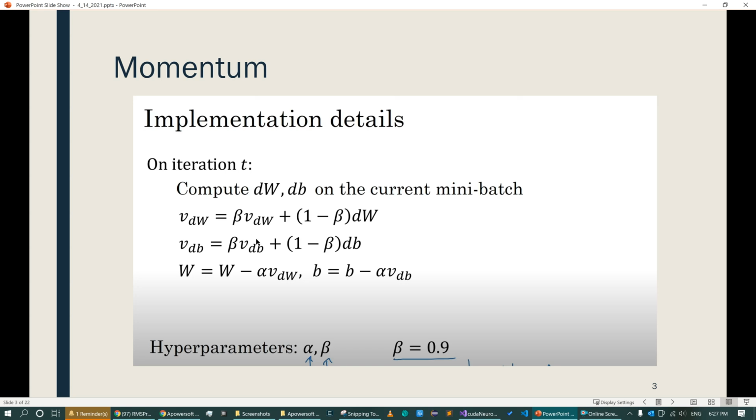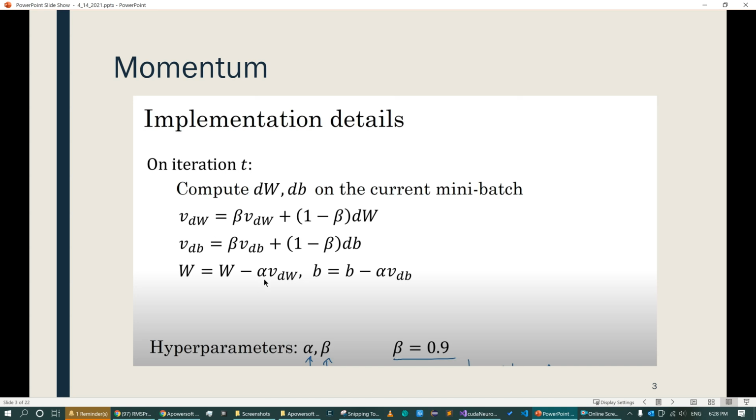We are going to calculate the current iteration's momentum based on the last iteration's momentum. The calculation is: beta times the last iteration's momentum plus 1 minus beta times the current derivative of the weight. This is how we calculate the new update of the momentum.